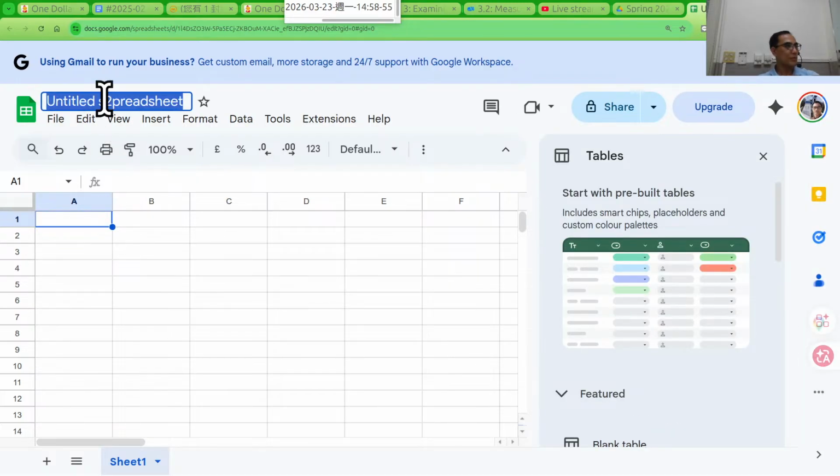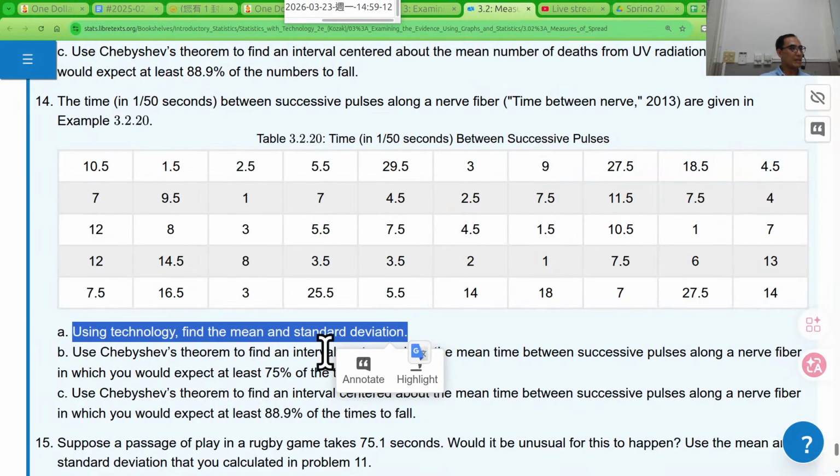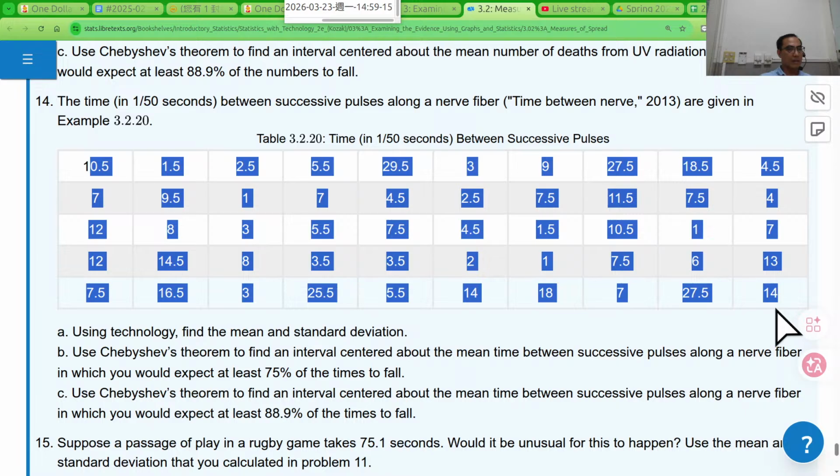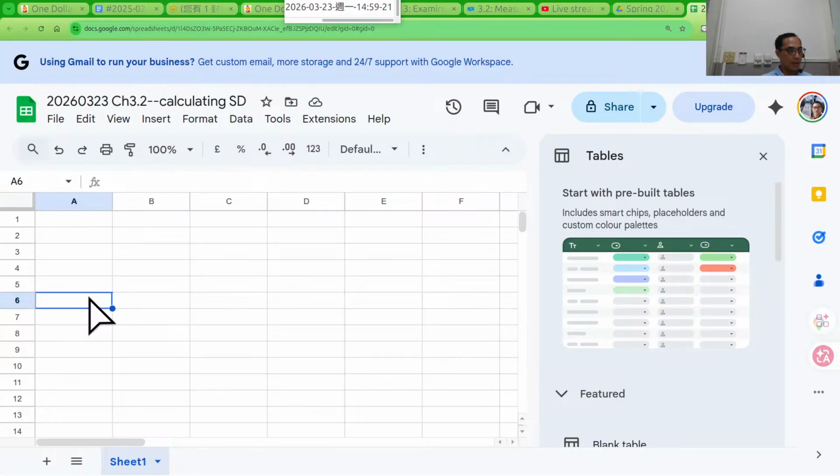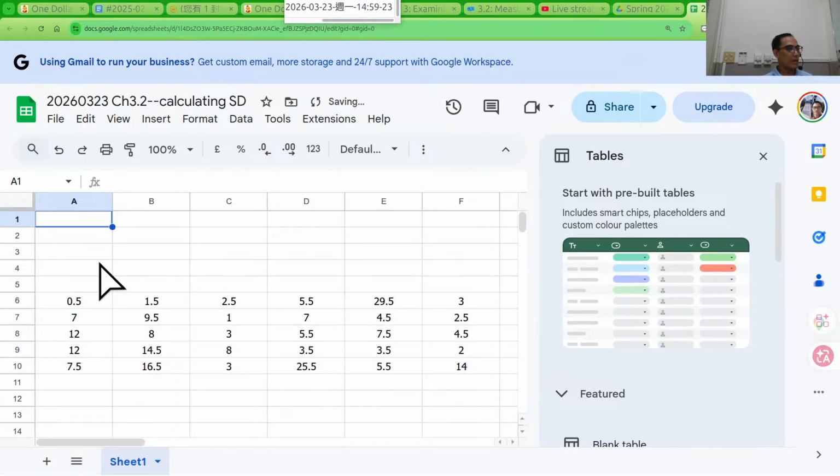Today, sorry, I will postpone the break time. Then I can move here. Homework question 14.